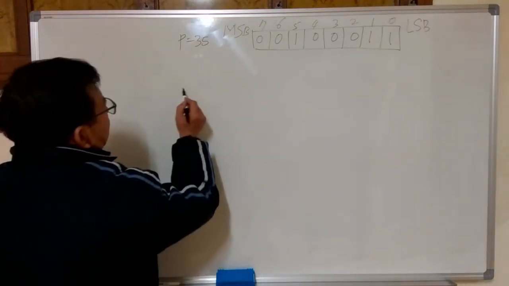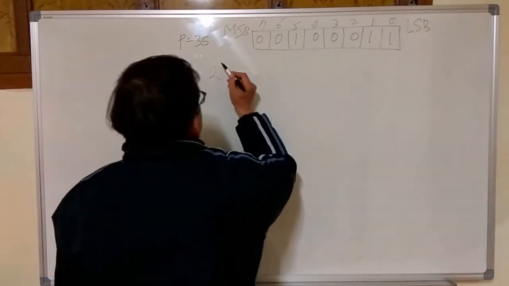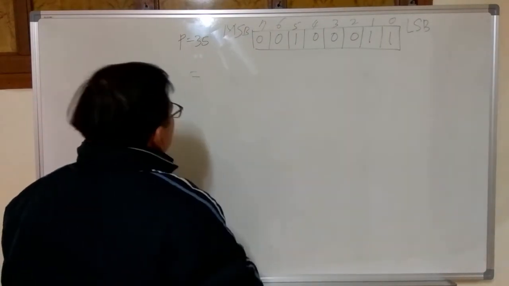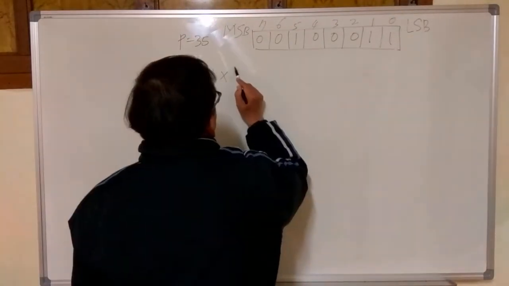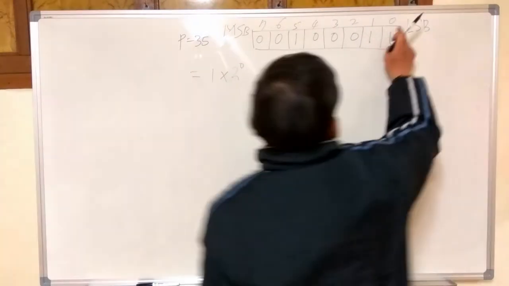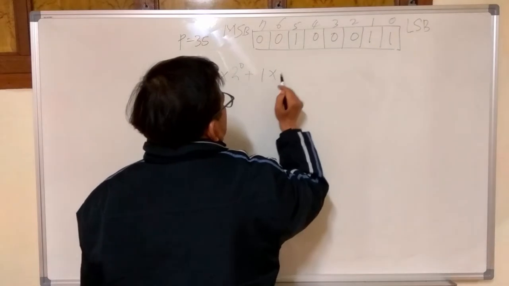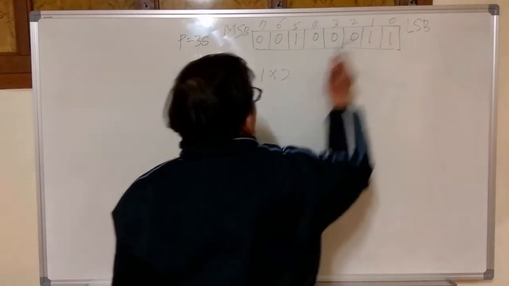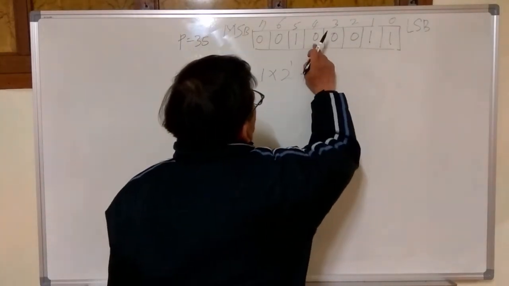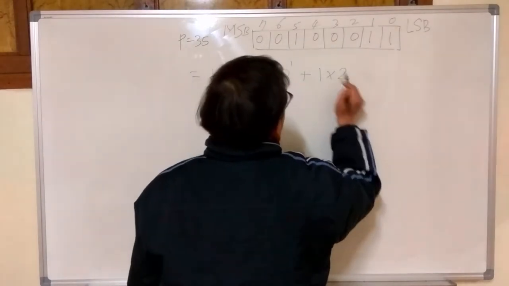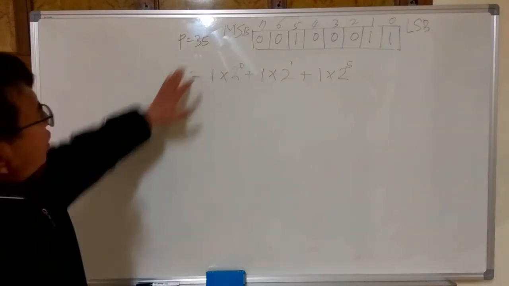Effectively, it is something like this: 1 times 2 to the 0, plus 1 times 2 to the 1, plus 0, 0, 0, plus 1 times 2 to the fifth power.